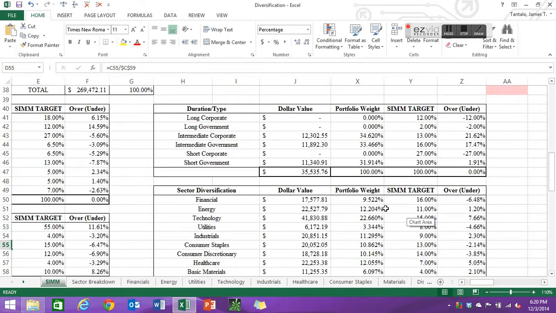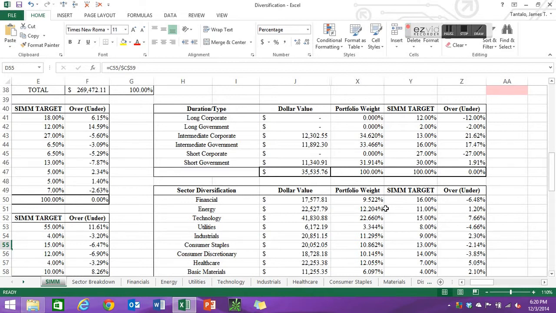A corporate bond would be something like IBM selling us a 10-year bond, and we get payments every year, or semi-annually, twice a year. Our government bonds would be anything like T-bills and treasury bonds that the government pays interest on.